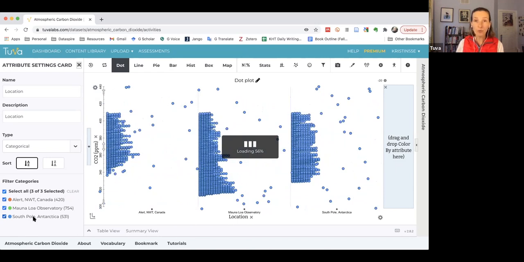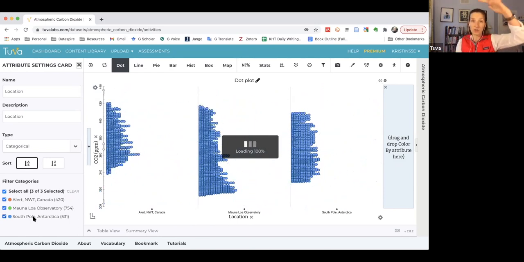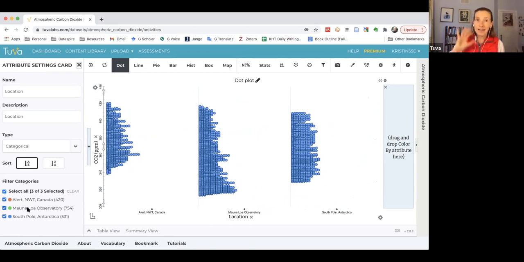We've got the South Pole of Antarctica. So we've got as close to the 2 extremes as we can get of these long-term data sets. And then we've got Mauna Loa, out in Hawaii in the middle of the Pacific Ocean, relatively close to the equator, though not along it. So we've got 3 very different locations around the globe that we're collecting information from.